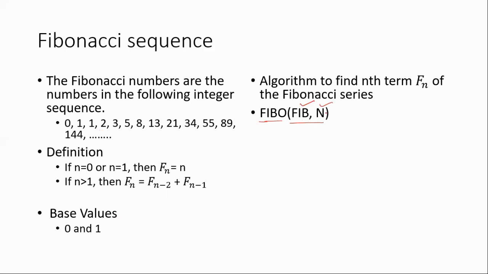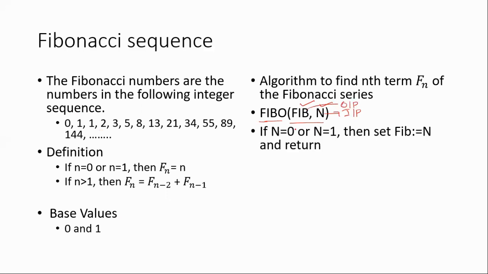So we can simply say n is an input, and fib is going to be the output. Now, first we define our base criteria: if n is equal to 0 or n is equal to 1, then we set fib equal to n as per the first definition. This is called a base criteria.